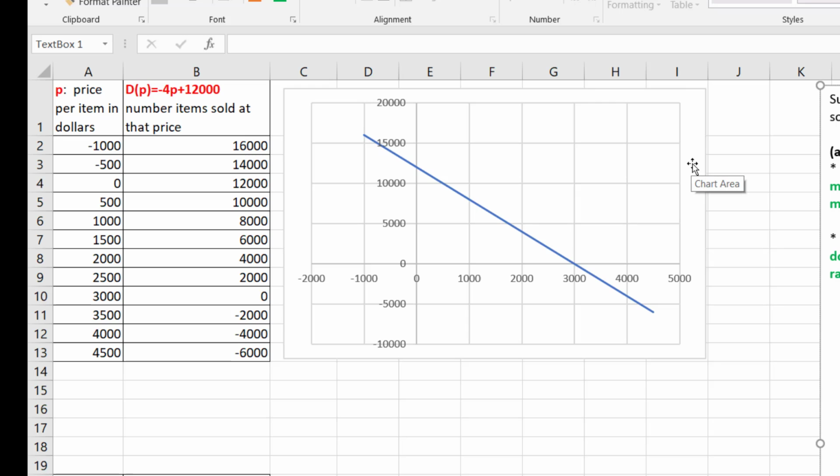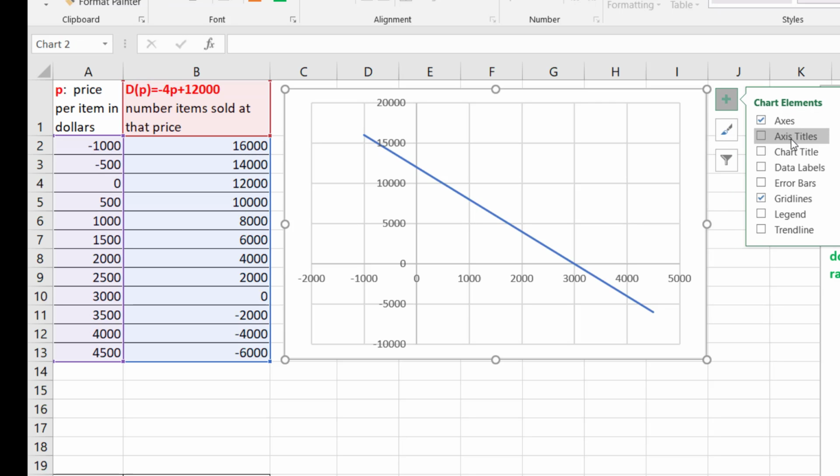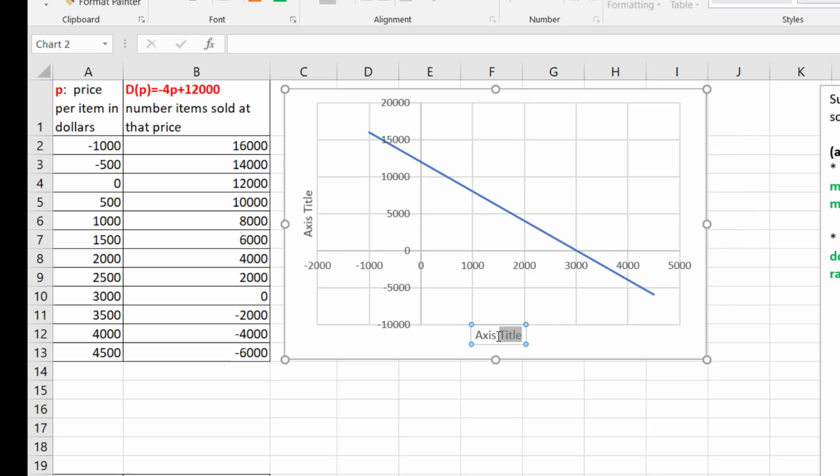In the graph that we're given in Excel, if you click on the Excel graph and hit the plus sign and select axes titles, it creates little text boxes on the horizontal and vertical axes, and then I can go in and edit those. Right now I know the P is along the horizontal and the D of P is along the vertical. I also want to label the real-world meaning along the axes.